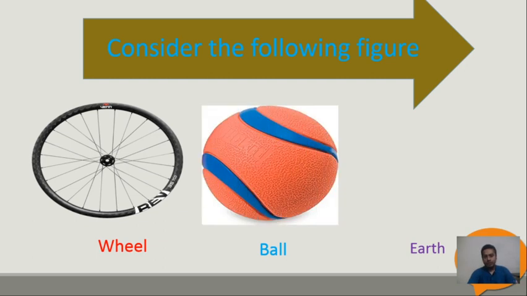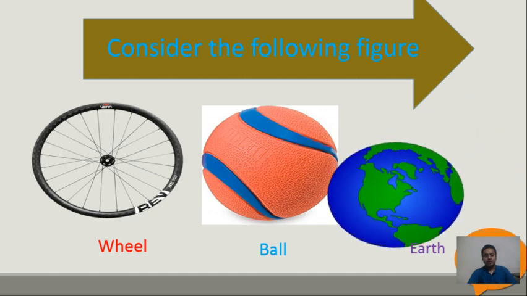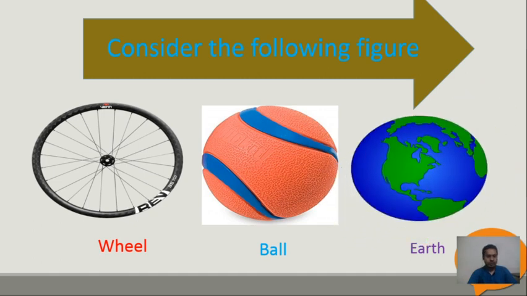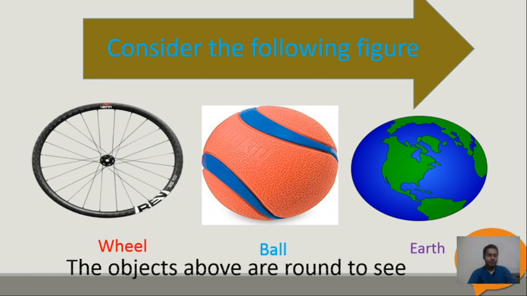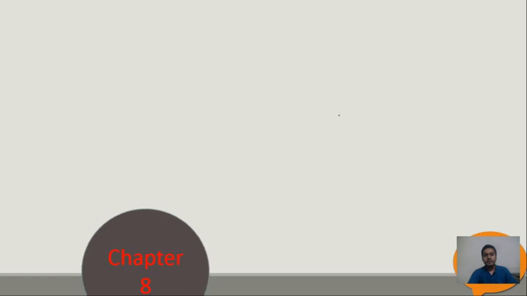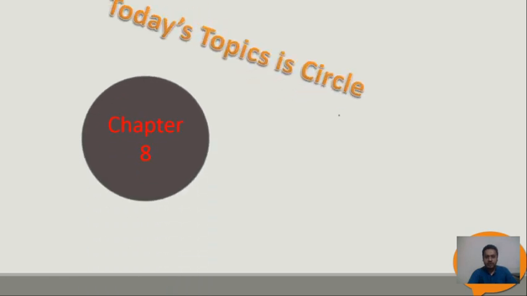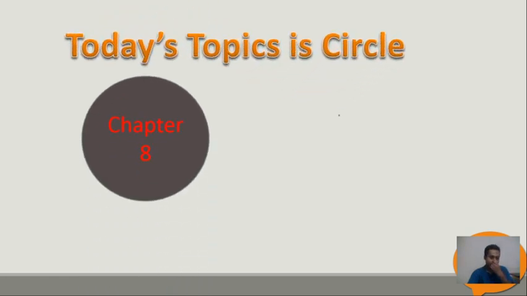Second figure is a ball, and third is the earth. Already, you can understand which topic we want to start today. The three figures are like round figures. And these objects above are round. Okay, that means today's topic is chapter 8, circle.